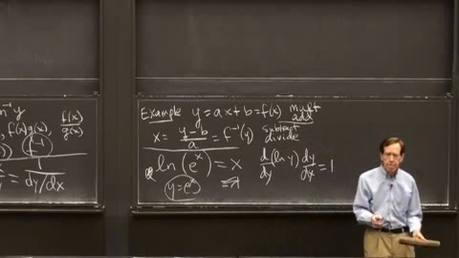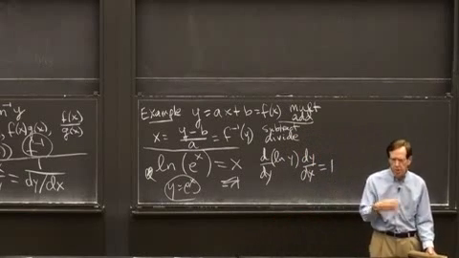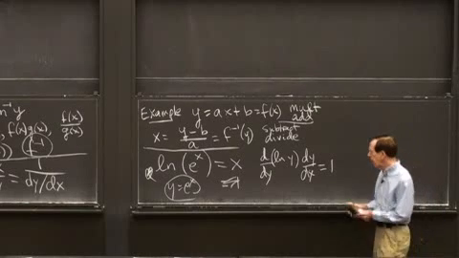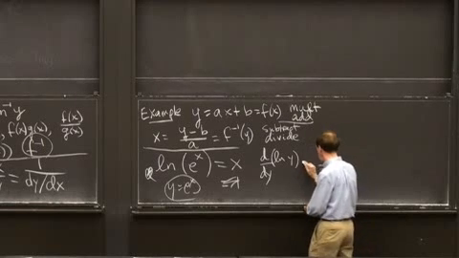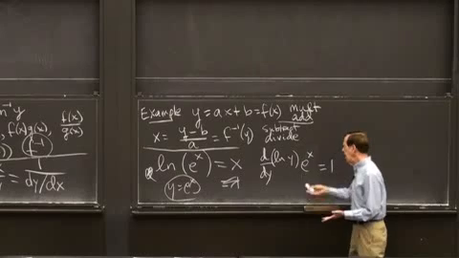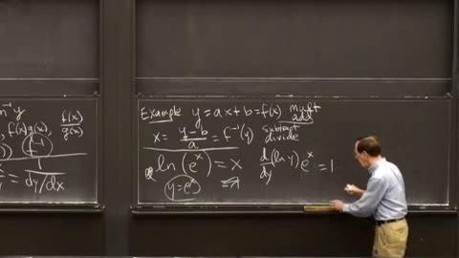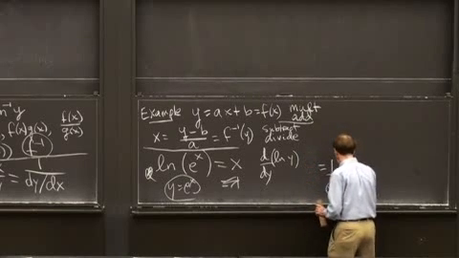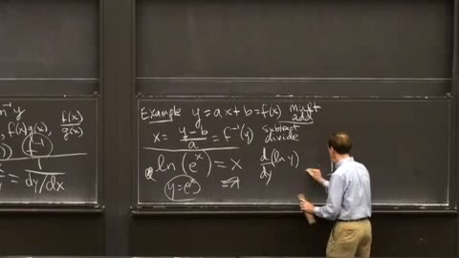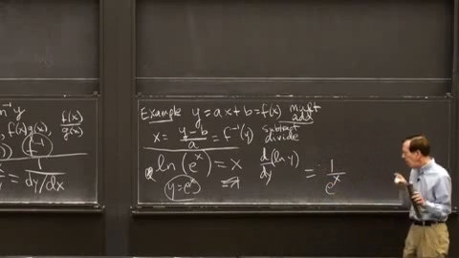Now comes the most important property, the one we used to construct this exponential. dy dx is e to the x. No problem. And now I'm going to divide by it to get what I want. Almost.